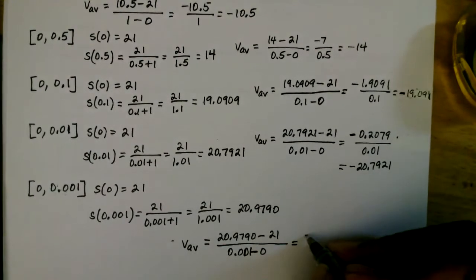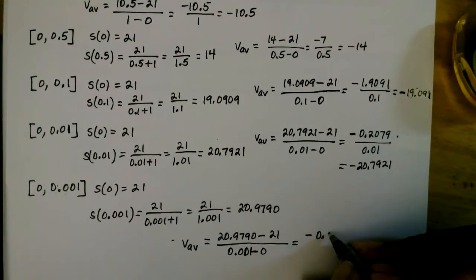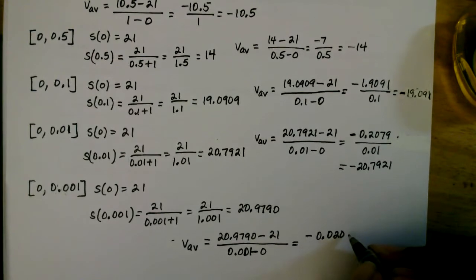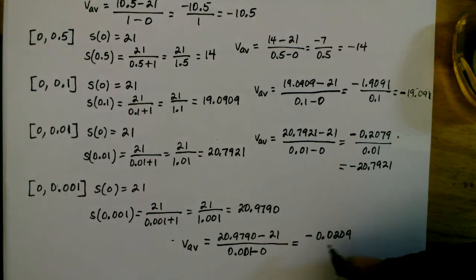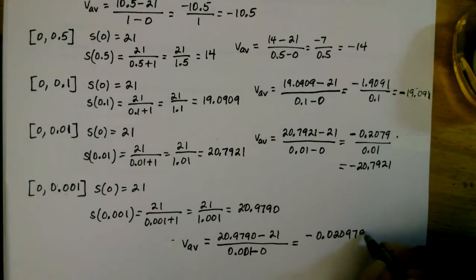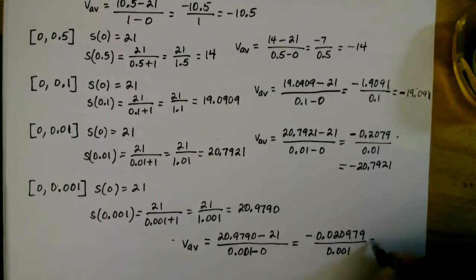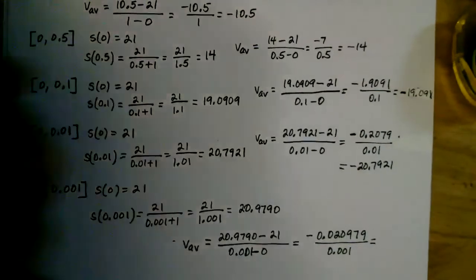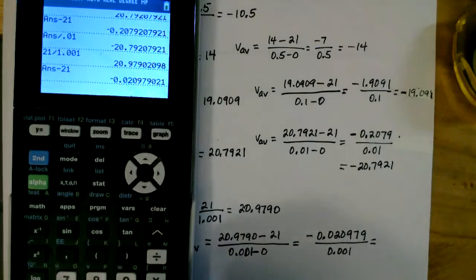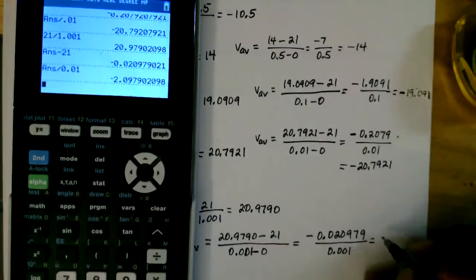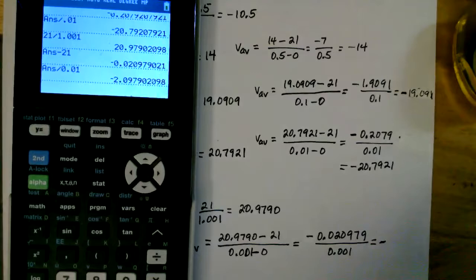So I got negative 0.020979 divided by 0.001, because that's what I had here. Oops.